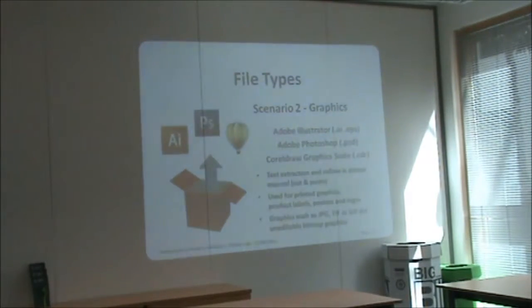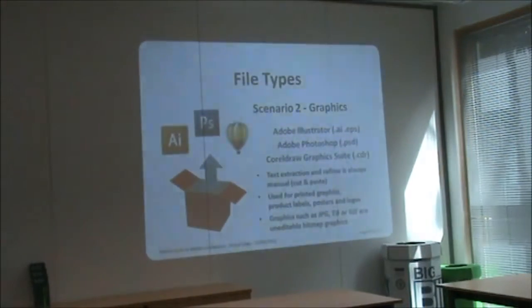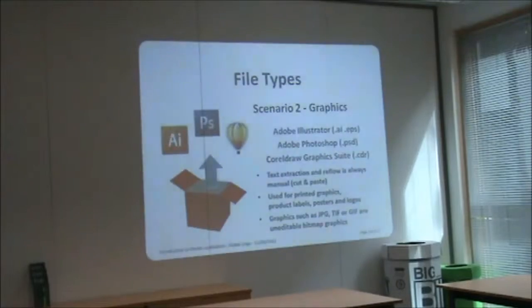First point then is that text extraction and insertion back in again is always manual. There's not really any process to automate extraction from graphics. If you do get a lot of Illustrator files or EPS files, and the text is editable within, then there is a procedure you could try, which is to convert the EPS or Illustrator file to SVG.